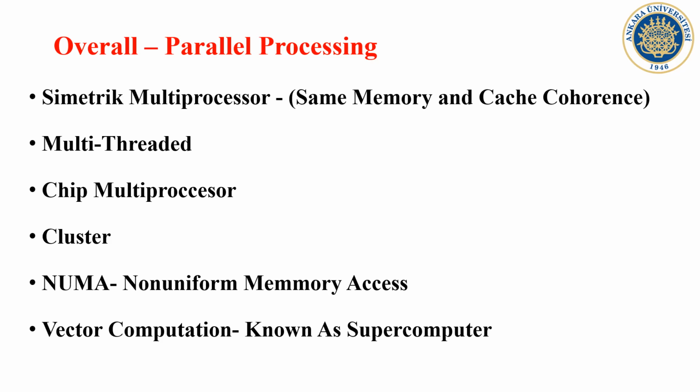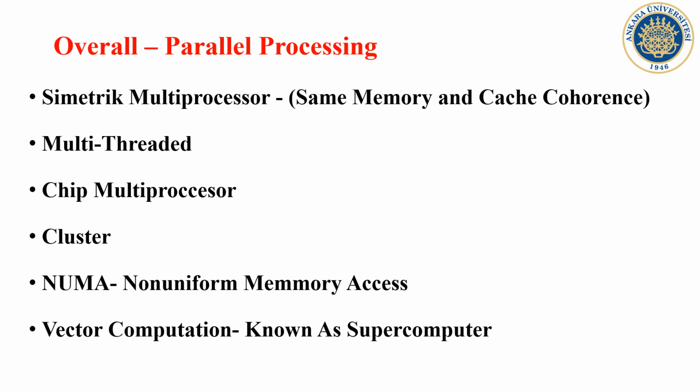Next, multi-threaded processor. Here, a single CPU can handle multiple threads at the same time. This helps make the CPU work more efficiently and keeps things running faster. Then chip multiprocessor. These are multiple cores packed into a single chip.